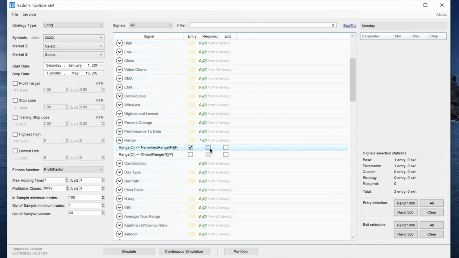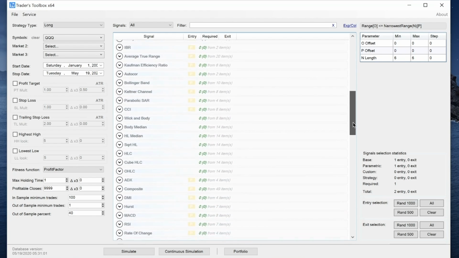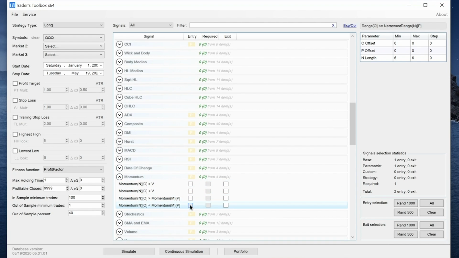We know that we want it to be the smallest over the past 6 days, and then the other entry parameter was based on momentum. We want the current momentum to be less than the momentum from 2 days ago, and our momentum window length is 10 days. We're comparing the current day to 2 days prior. So those are all of our entry parameters.